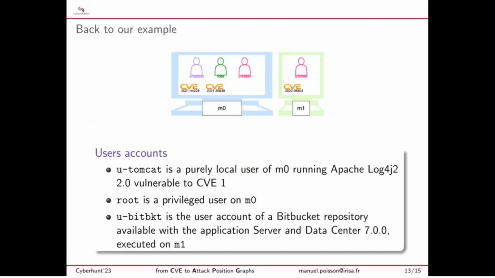There is another user on M0, the user root, that has high privileges. And there is also the user Bitbucket, an account that exists both on machine M0 and M1.